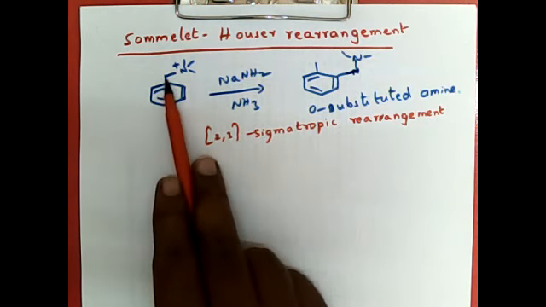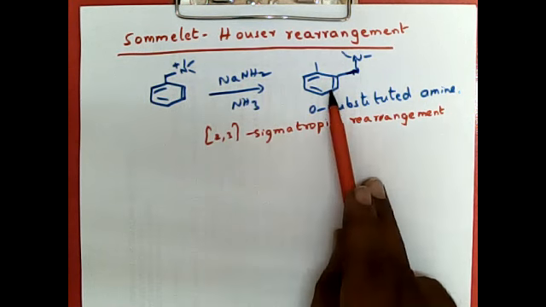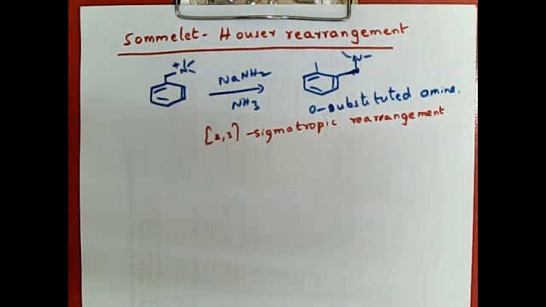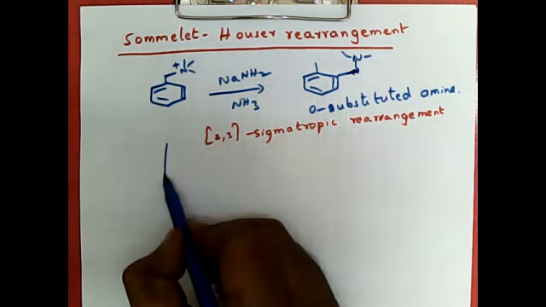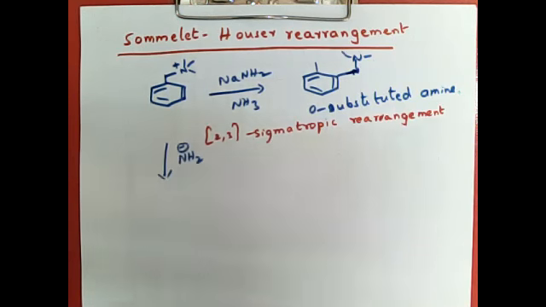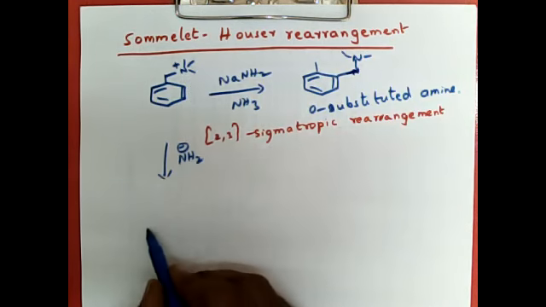Rearrangement of benzylic quaternary ammonium salts under basic conditions to ortho-substituted amines via a 2,3 sigmatropic rearrangement is called Sommelet-Hauser rearrangement. When this quaternary ammonium salt is treated with a strong base, then we can generate an anion here.